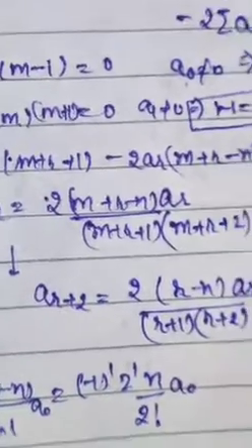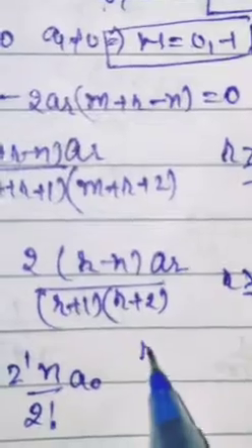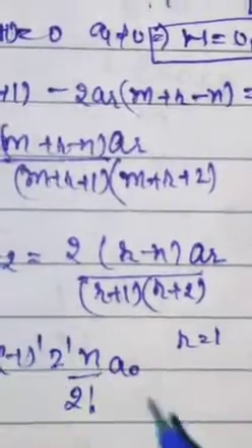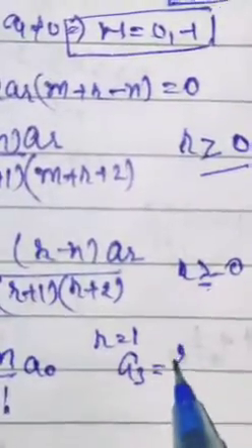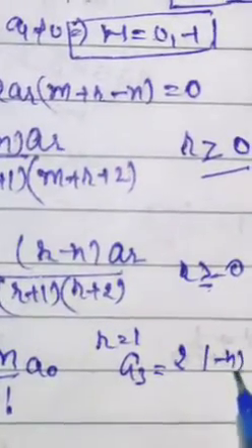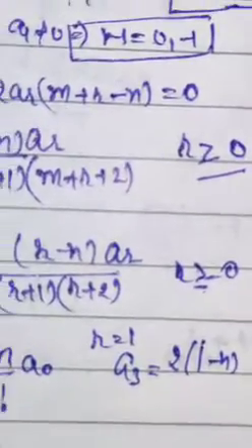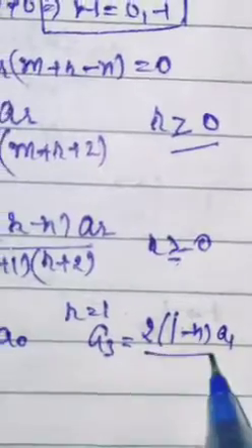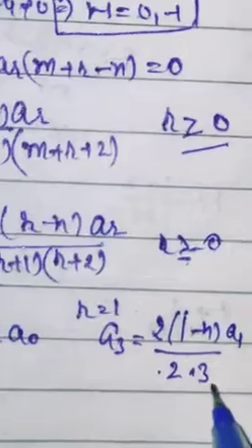When we put the value of r as 1 in this equation, we get a3. That is a3 is equal to (2 into 1 minus n) a1 divided by (1+1)(1+2), that is 2 and 3.